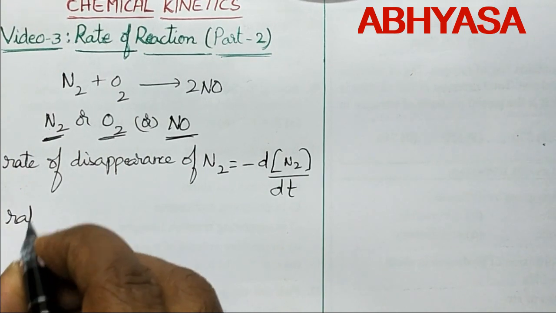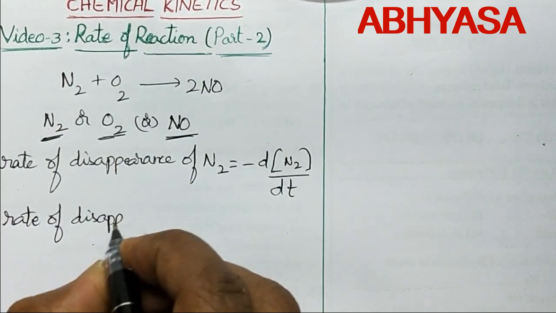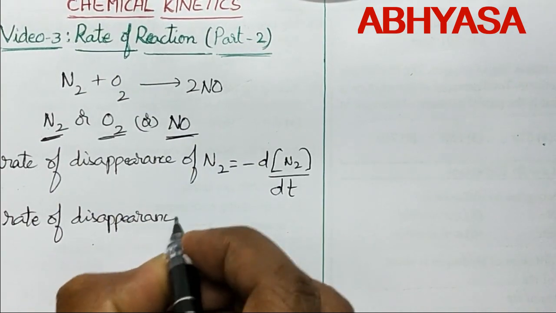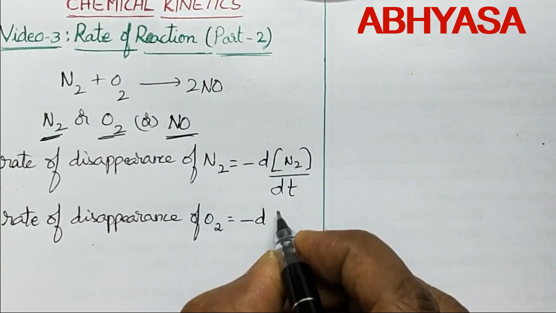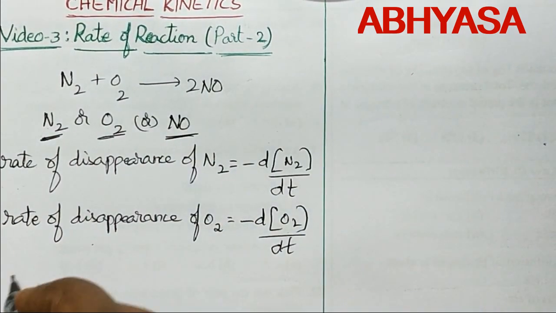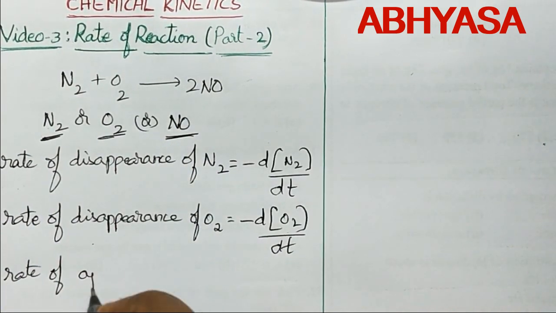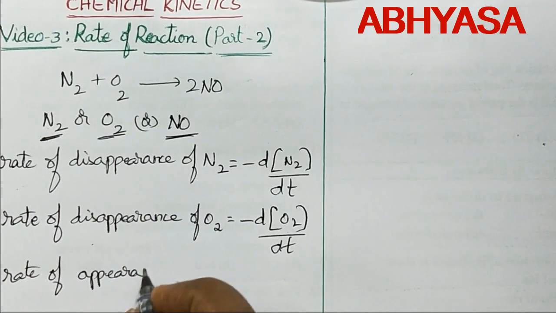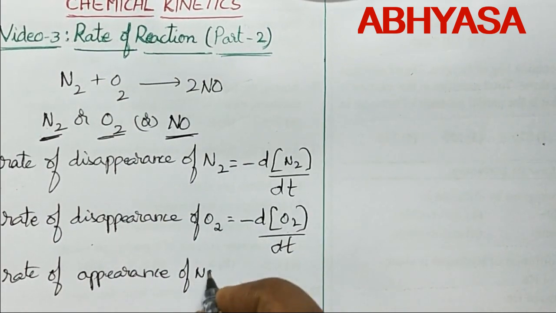So we can also write the rate like this: rate of disappearance in terms of oxygen, which is also a reactant, is minus dO2 by dt. Now in terms of the product, I will write the term appearance: the rate of appearance of nitric oxide.